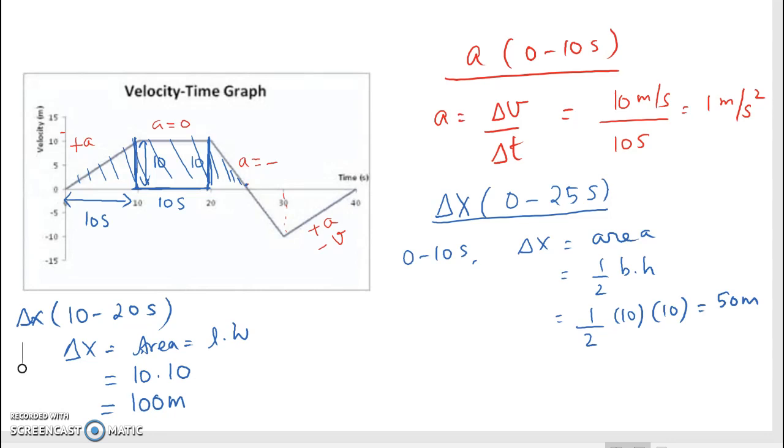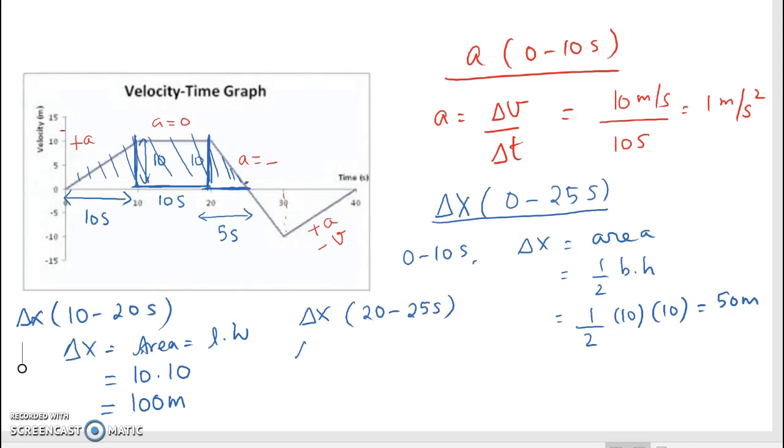Then the last time interval, between 20 and 25, again looks like a triangle where the base is only 5 seconds and the height is 10. So delta x for 20 to 25 seconds is equal to the area, which is 1/2 base times height, which is 1/2 times 5 times 10, which is 25 meters.